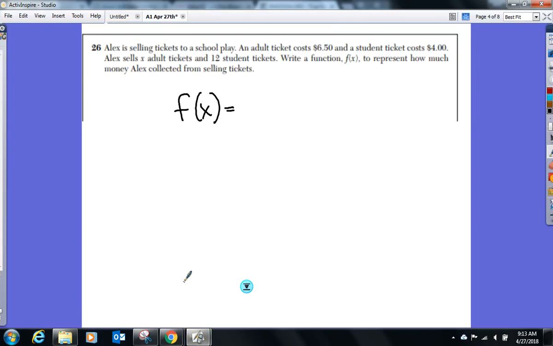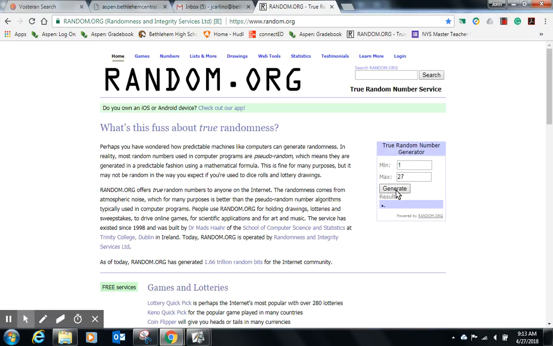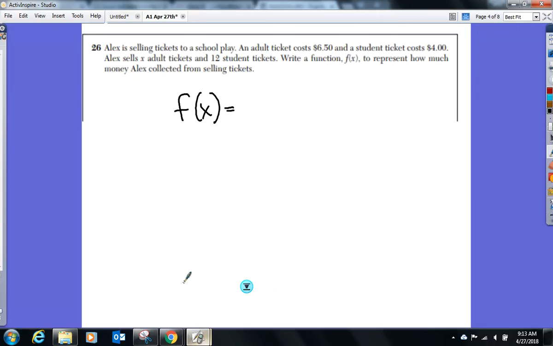All right, let's see what you guys came up with here. Matt would be a number 8 guy. 650x, because 650 represents the adult tickets. That's x.